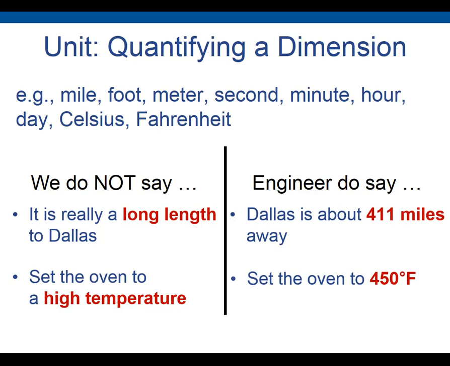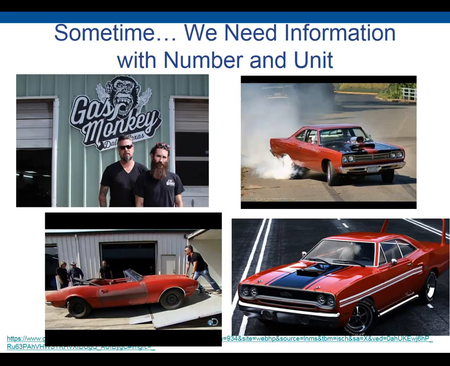Here is another example: Gas Monkey Garage. I like these two guys. They are very good at both engineering and business. Probably you saw this show before. Basically, they buy an old car cheap, revamp it, and sell it in great shape.